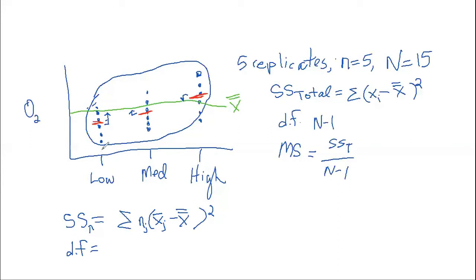The degrees of freedom are k minus 1, which is number of groups minus 1. Okay, so to get mean square treatment, we take sums of squares tau, divided by k minus 1.